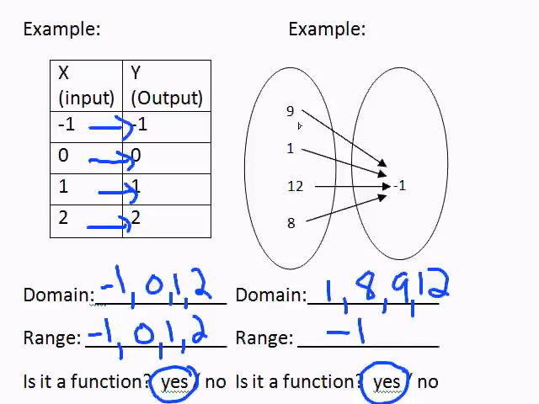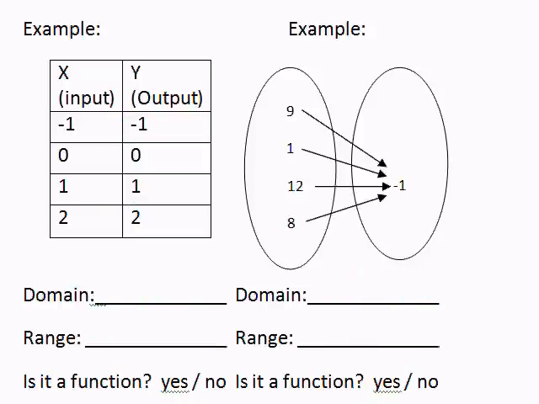Notice, none of our inputs go to two different numbers. Every one of them goes to its own number. So it is a function. An easy way to remember that is if your inputs repeat, or your x values repeat, it's probably not a function, so long as your inputs go to two different outputs.